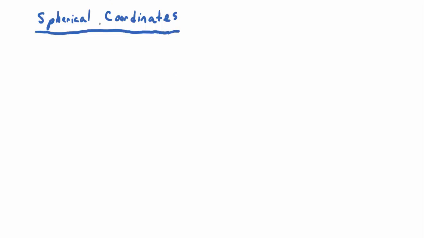So let me draw a picture so that this coordinate system makes sense to you. Let me draw just a picture of a point in space. Positive x-axis, positive y, positive z. So suppose we have this point in space. It's hovering over what would be the first quadrant in the xy plane.